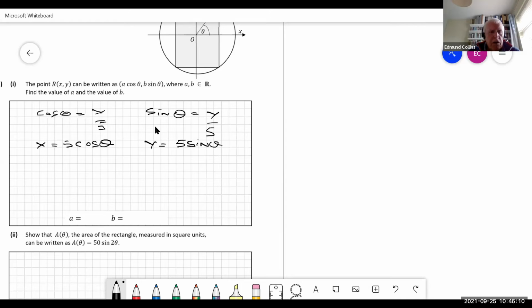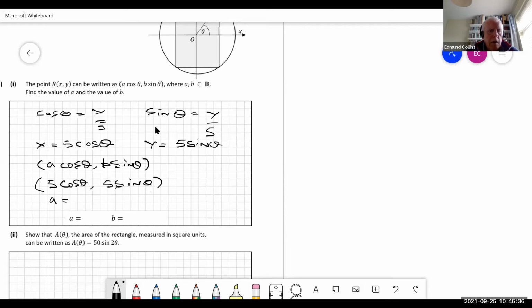So because we want to get it in the notation of a cos theta and b sine theta, it'll be 5 cos theta, 5 sine theta.